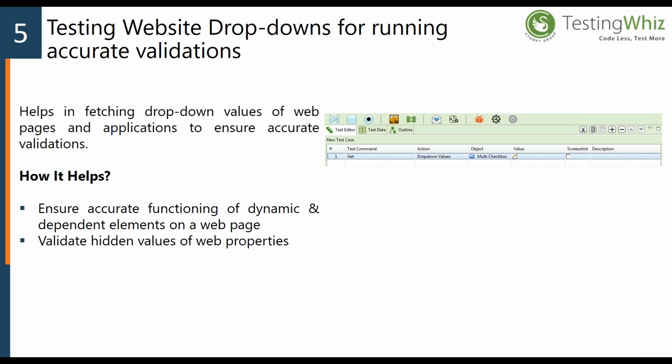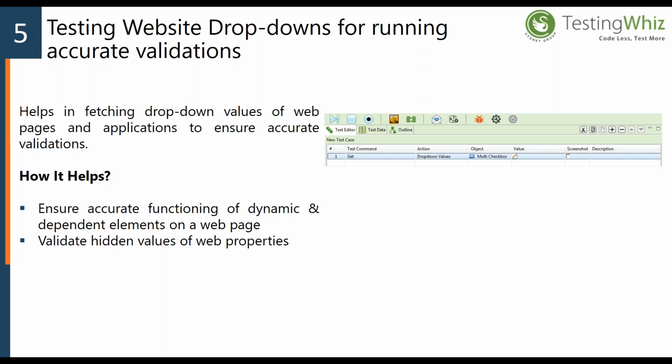The fifth part we have done over here is we have implemented dynamic get values from the drop-down. What we can do is fetch all the drop-down values which are dynamically populated once we select any of the drop down. Let's say for example there can be dependent drop downs, such as country, state and city selection drop downs.